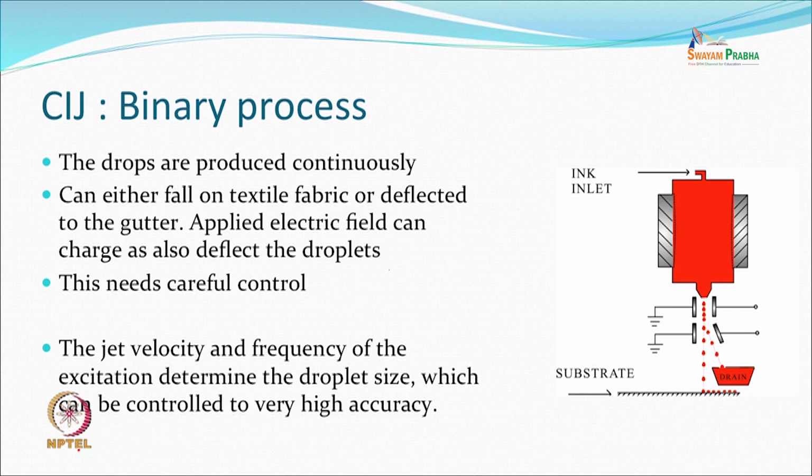The frequency at which the jet is being thrown out would determine the size of the droplet, which should be controlled with high accuracy, and this system of charging and deflection helps that process. You can imagine a 3 picoliter, 10 picoliter, 5 picoliter kind of drop size. Small stuff.